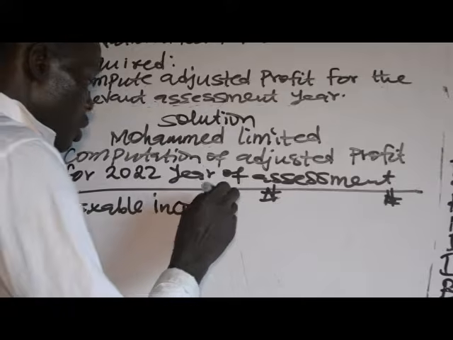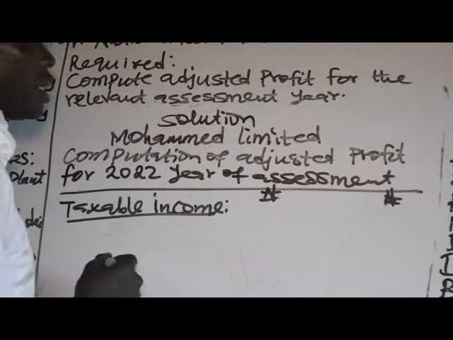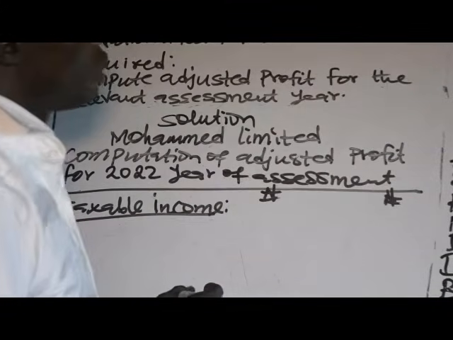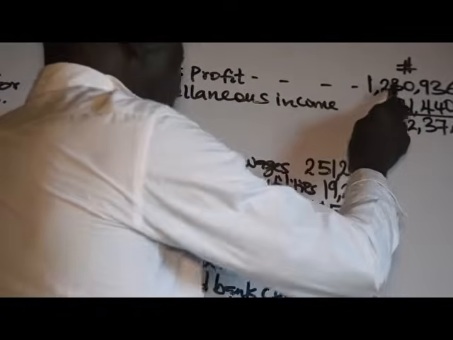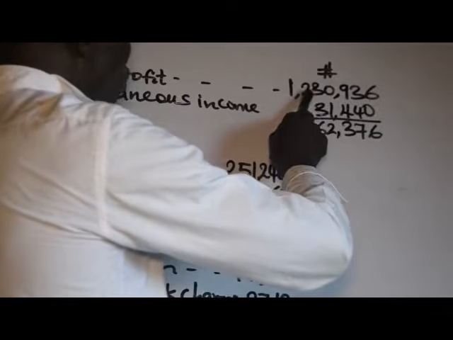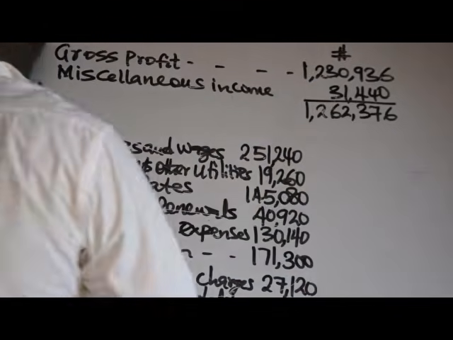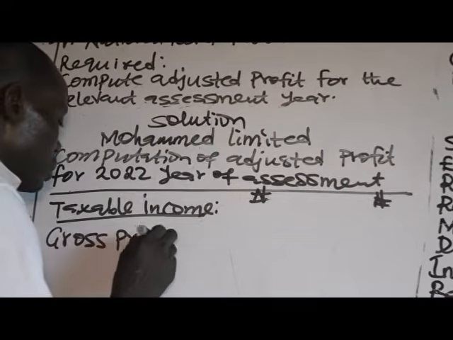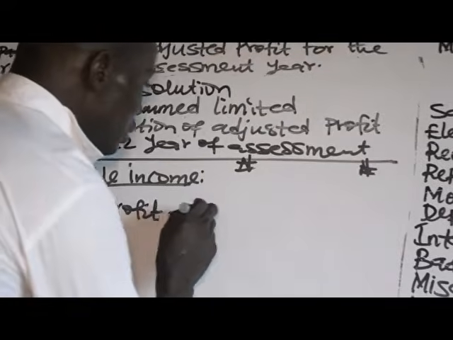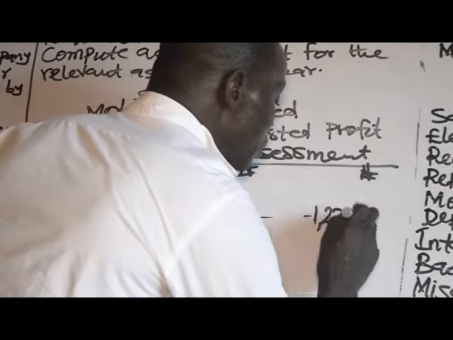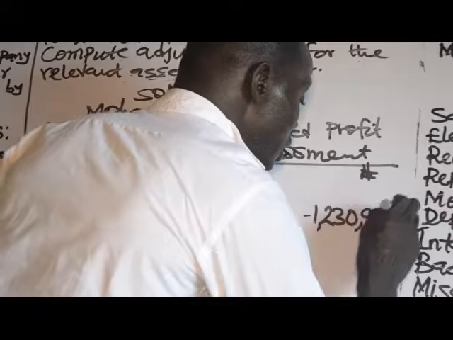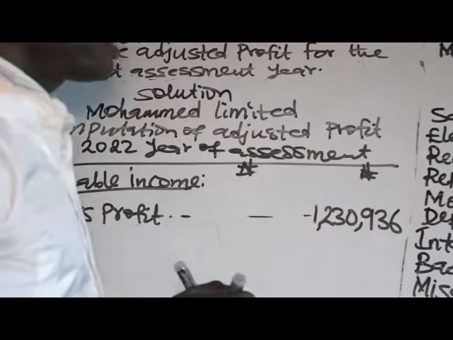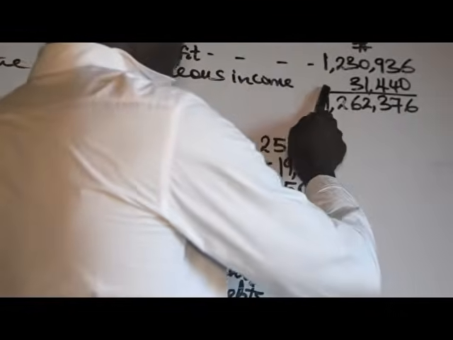The taxable income reported in the account and the taxable income not reported in the account. Our taxable income includes a gross profit of 1,230,936. Then we also have miscellaneous income 31,440.